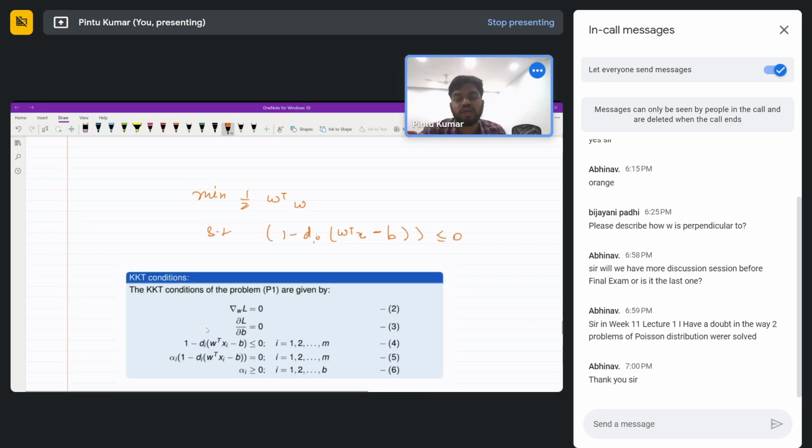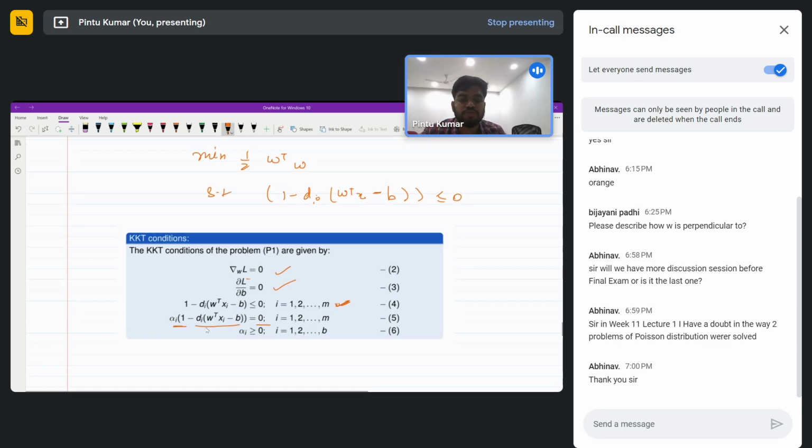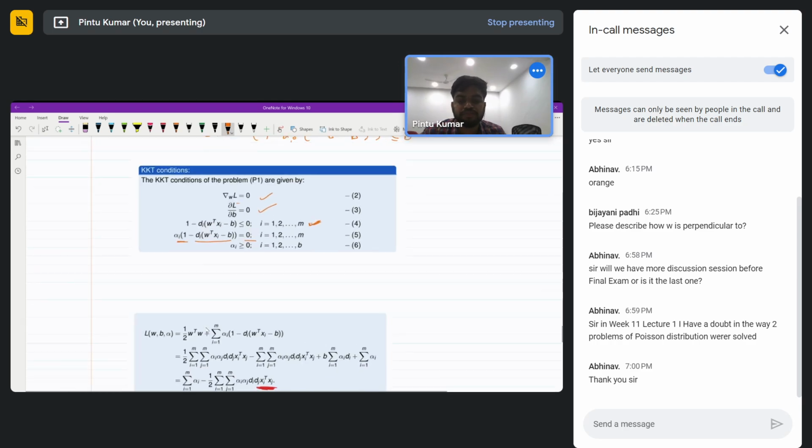Now, what are the KKT conditions? The gradient of the Lagrangian must be 0, and with respect to b it must also be 0. This is just your constraints. Now, the fifth condition says that your alpha i times these constraints must be equal to 0.